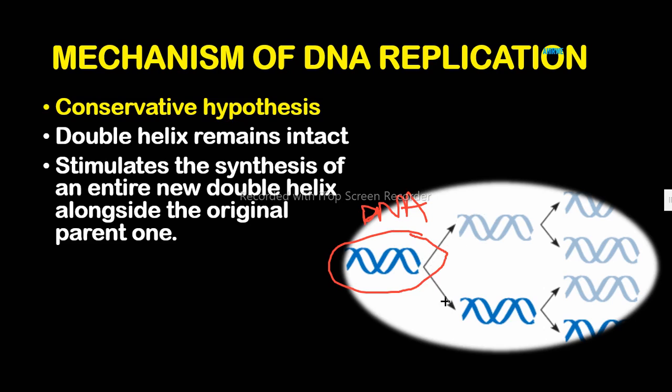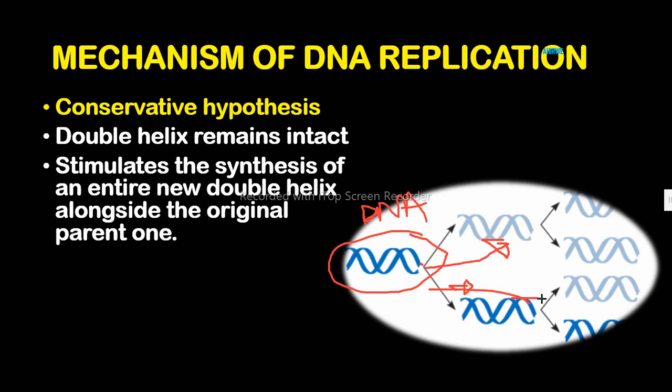Now the new strands of DNA, both the complementary and the template strands that will be formed, will diffuse out of this old DNA and form their own DNA molecules. But the old strand also remains intact, and the bases will form hydrogen bonds again and form the old strand of DNA that remains intact.